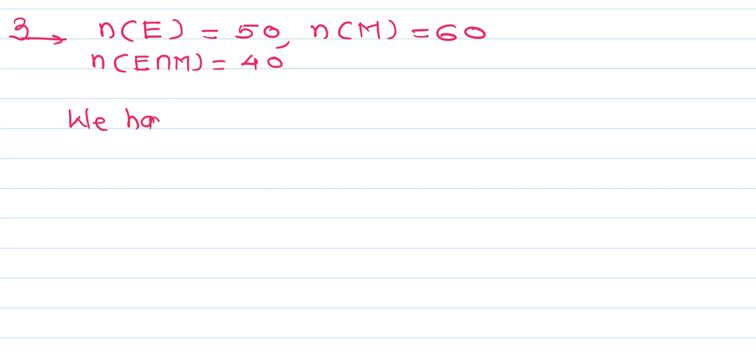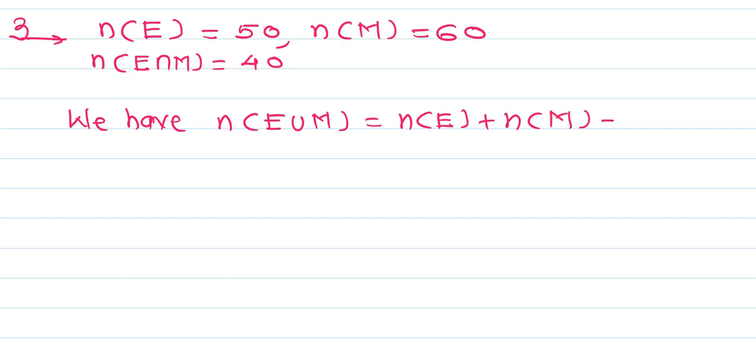Now we have N of E union M is equal to N of E plus N of M minus N of E intersection M.